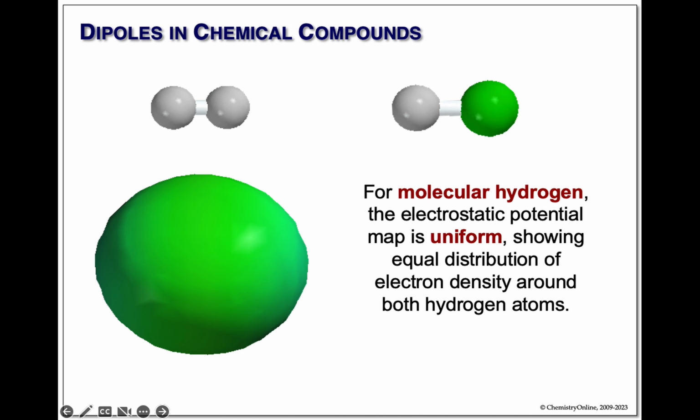This tells us that the electron distribution is pretty much uniform over the entire molecular orbital. Now, that was expected because our two hydrogens are identical atoms. When we go over to HF, we see something different.